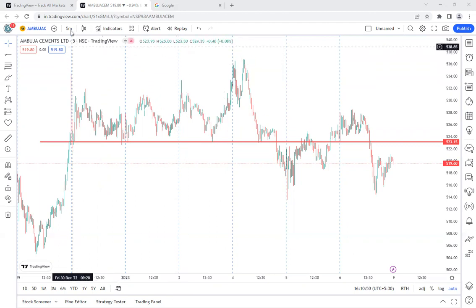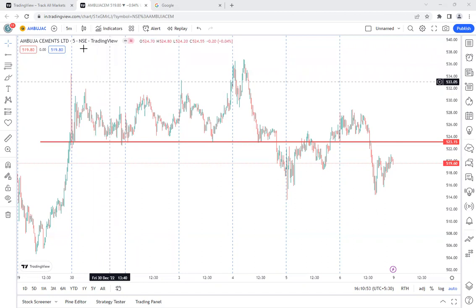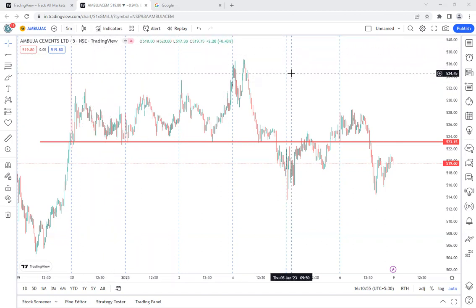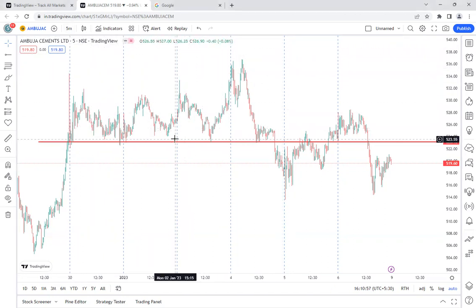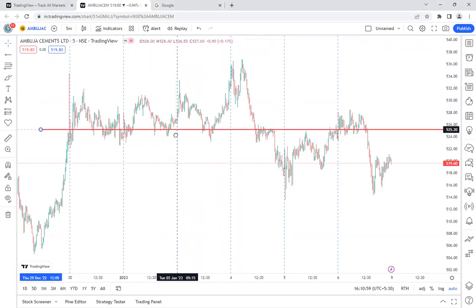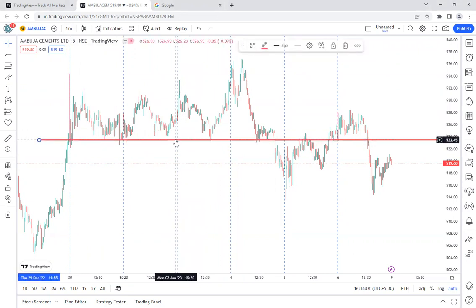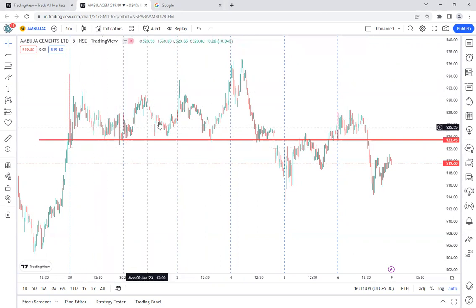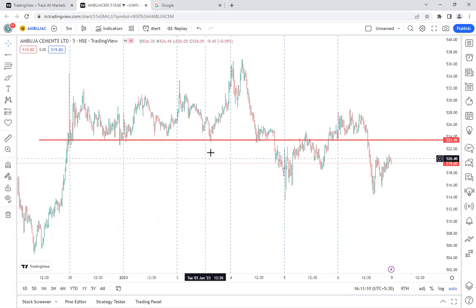We are on the 5-minute time frame chart, and here I have plotted a support level, the key support where the Ambuja Cement stock took support on 30th December, 2nd Jan, 3rd Jan.